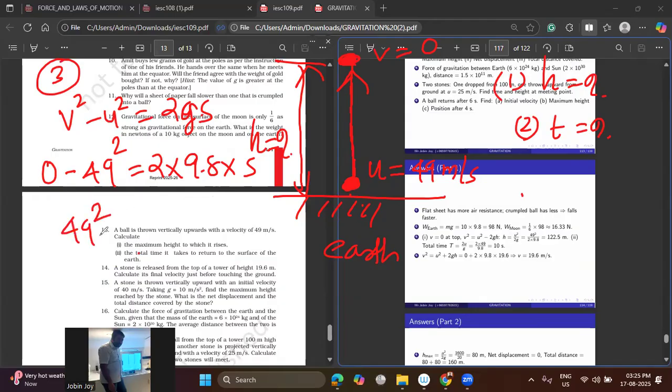Minus 49 square is equal to 2 into 9.8 into s.